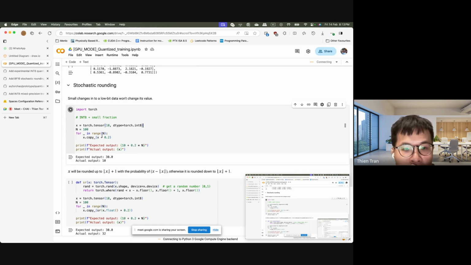Then imagine I just keep adding 0.2 to it. Because of the rounding, I will never get something larger than 10. But imagine this is the optimizer update, and we expect the result to be the total number of updates times this change. So we want it to be 30, but actually it stays at only 10. This is a big problem for us.